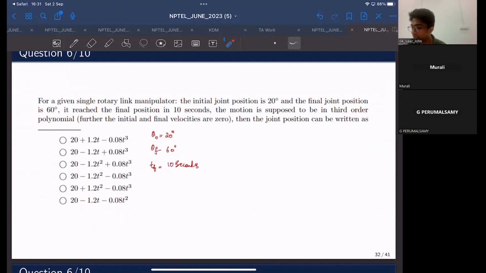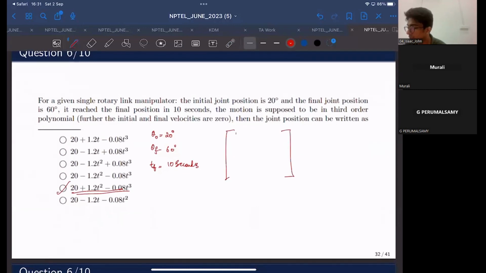Okay, again, I've got the option as 5. Let me check if that is the correct answer. Yes, I suppose that is indeed the answer, option 5. But again, I suppose you all already know the correct answer. The matrix expression would look something like this: 1 0 0 0, 0 1 0 0, then 1 TF, TF square, TF cube, 0 1 2 TF, 3 TF square, and you have the coefficients A0, A1, A2, and A3.